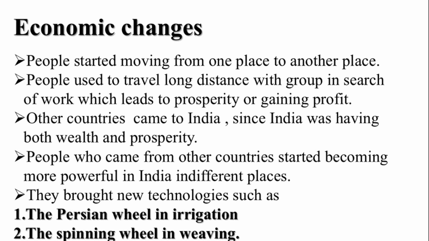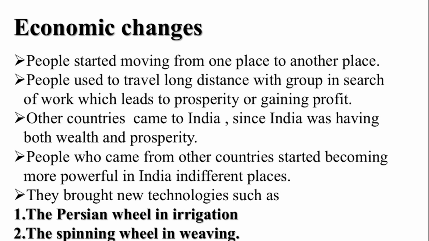People who came from other countries started becoming more powerful in different places. That is, the foreigners who came to India for trade or other purposes started becoming more powerful and started dominating Indians.